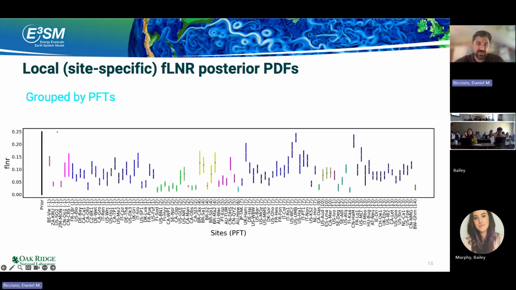And the same pattern is true for a lot of the other plant functional types as well. So I think this is useful to look at, and it may be that with the PFT maps that we're using, there may be some cases where we might want to consider using more PFTs or clustering them in some different way, where we can actually use sites that have similar optimal parameter values.